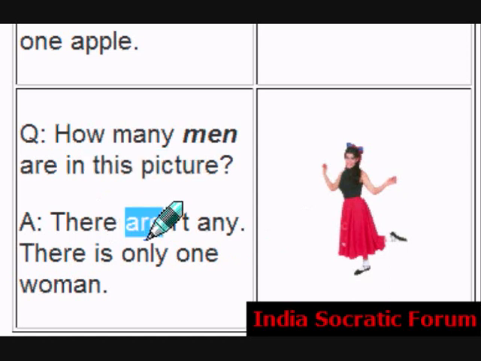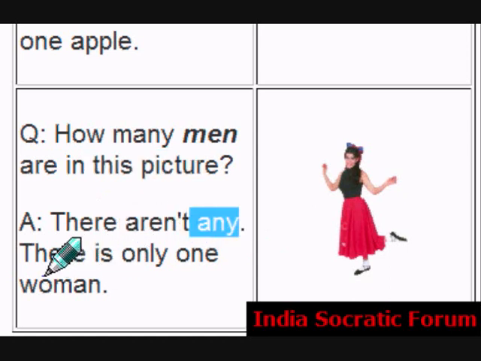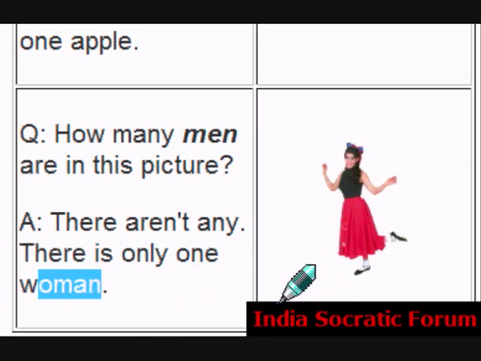The answer is there aren't any. Are not becomes aren't any. Since it's countable, we say many and there aren't any. There is only 1 woman in this picture.